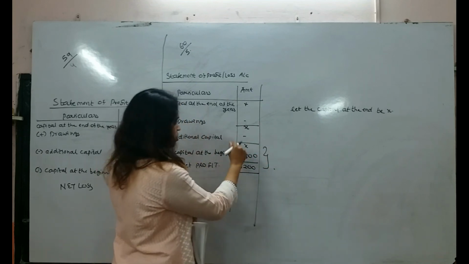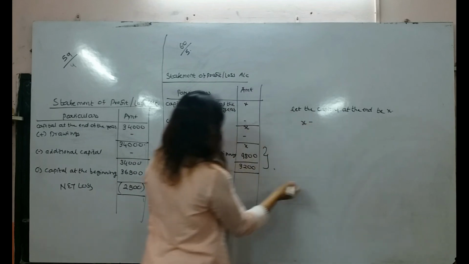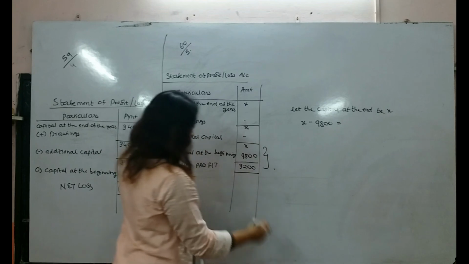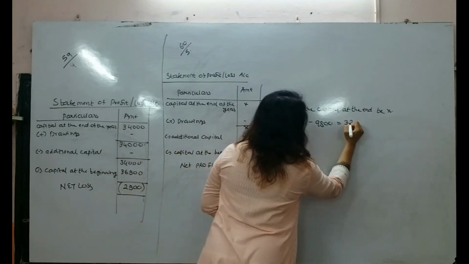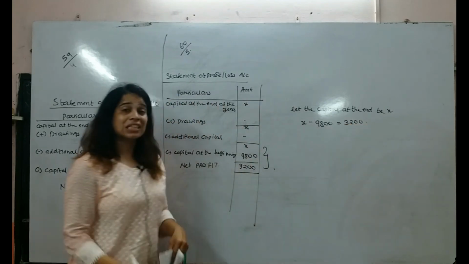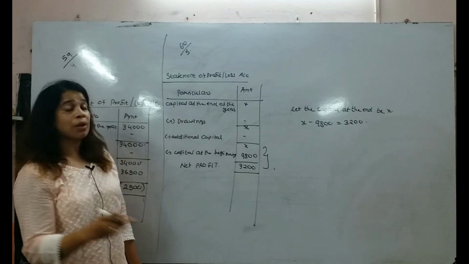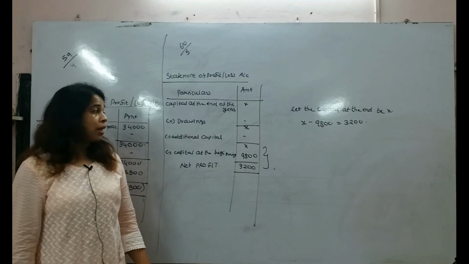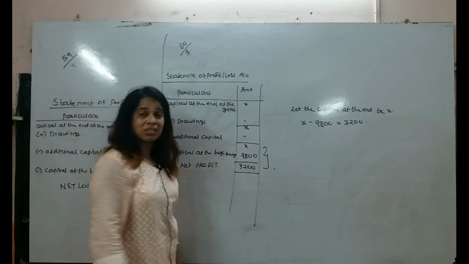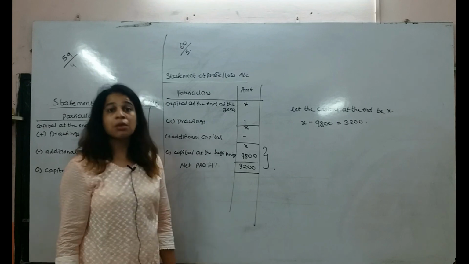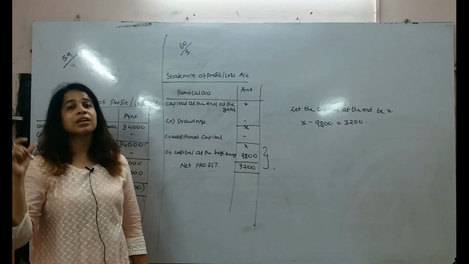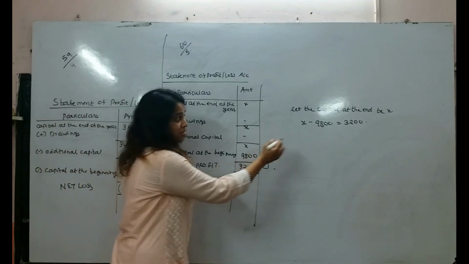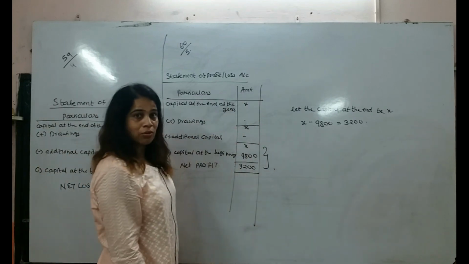What is that equation? x minus 9,800 is equal to net profit, which is 3,200. See students, in the previous sum, problem number 3, we took the amount as minus when it came to net loss. Because a loss was there, we took the amount in minus. But now here we have a profit, that's why we are taking plus 3,200.